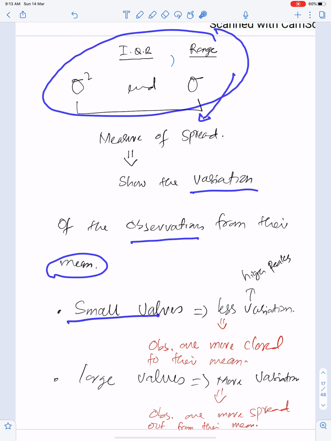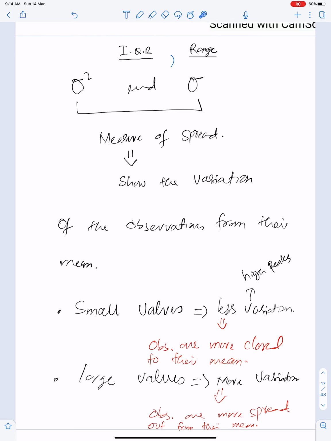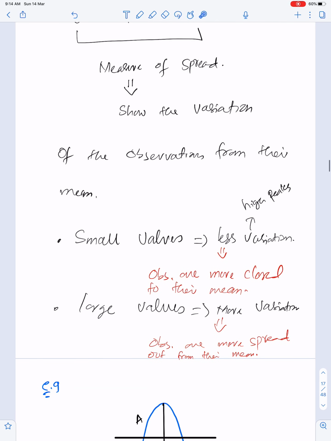Their small values mean less variation. That means observations are closer to their mean, which means in a normal distribution curve there will be high peaks. High peaks mean small values, low variation. And their large values mean more variation, low peaks, wider curves. So observations are more spread out from their mean.